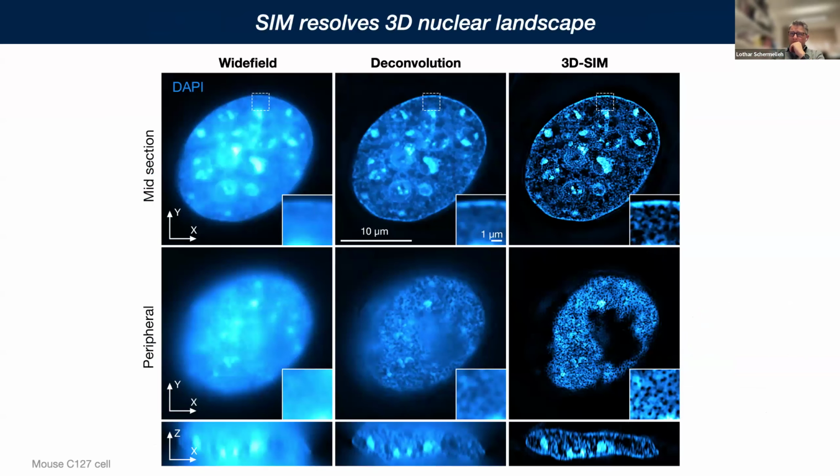Now, of course, you can look at DAPI-stained nuclei, and this is a nice comparison between wide field plus deconvolution and 3D SIM. I think it's pretty clear here how much more detail you get, which is a lot more than you would imply from a twofold resolution increase.